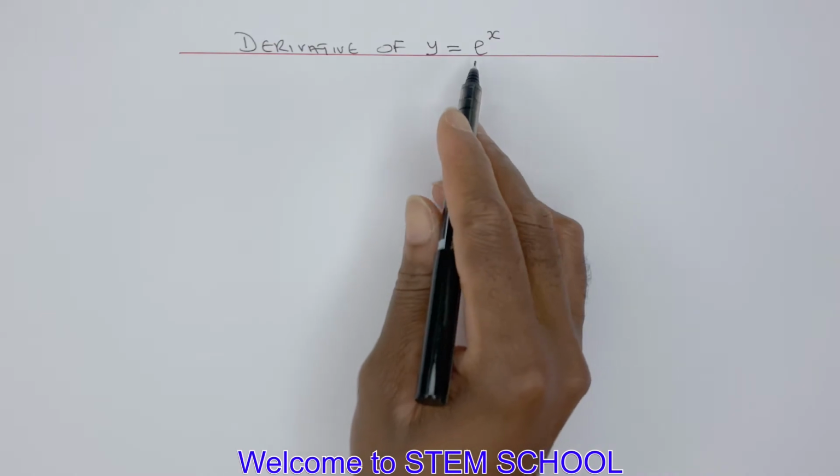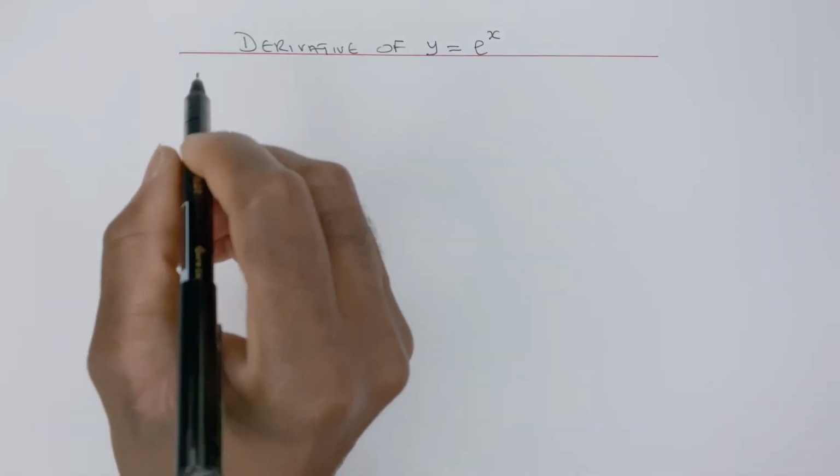Derivative of y equals e to the power of x. So what is e to the power of x?